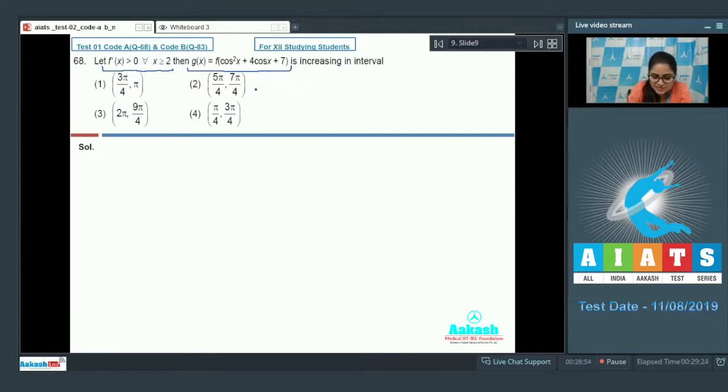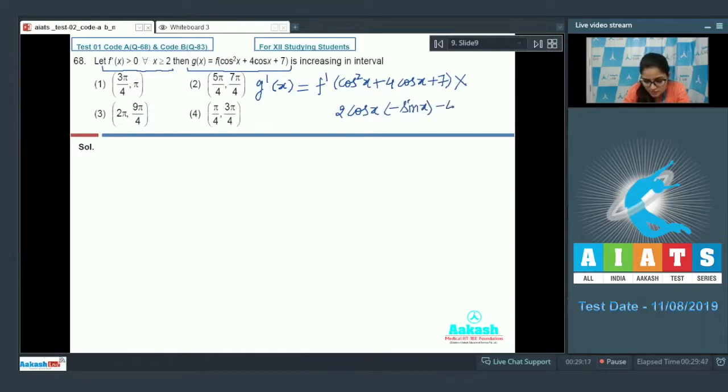So just differentiate g of x, then g dash x is equal to f dash of cos square x plus 4 cos x plus 7 multiply 2 cos x minus sin x minus 4 sin x.